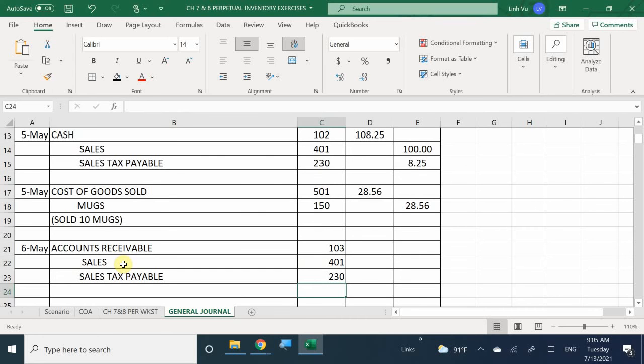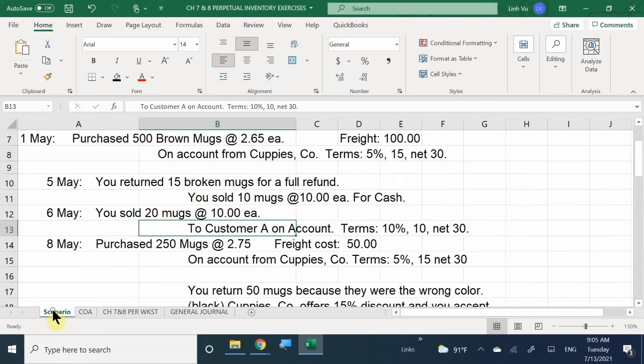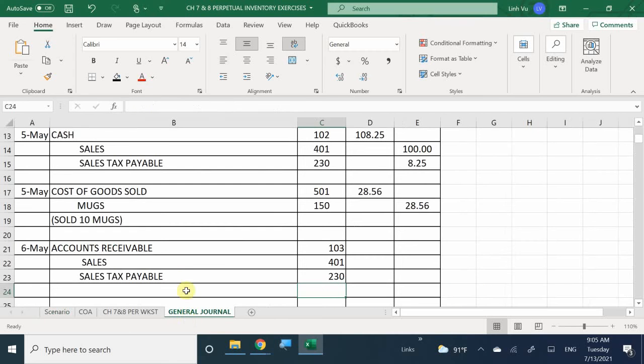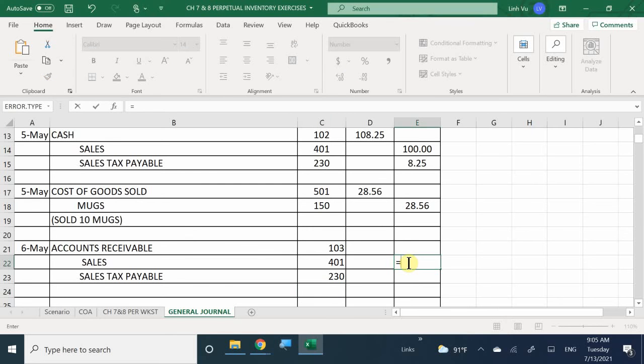Now let's go back to the scenario and see how much we sold. We sold 20 mugs at $10 each to customer A. How much is my total sales? Kim did the math already: 20 times 10 is 200.